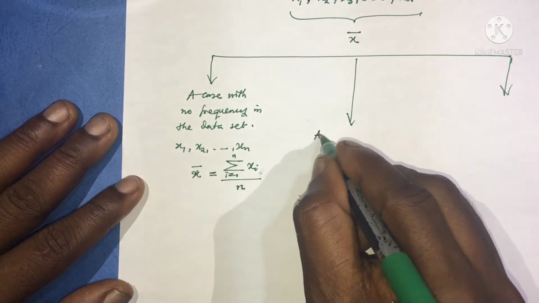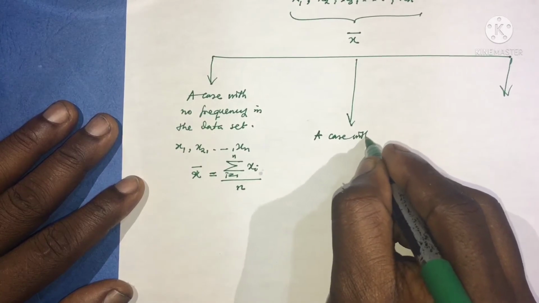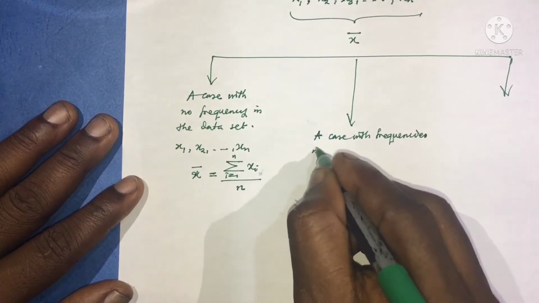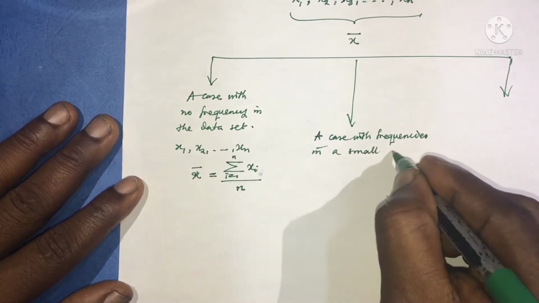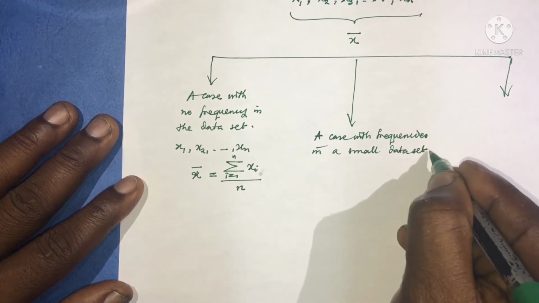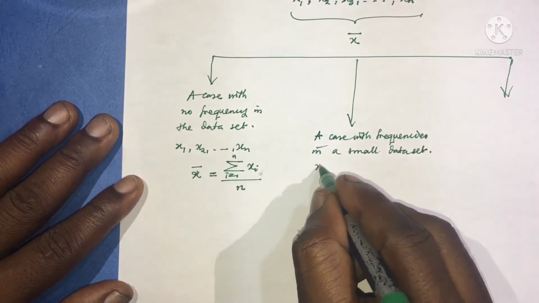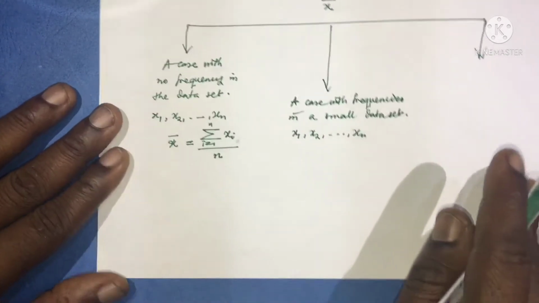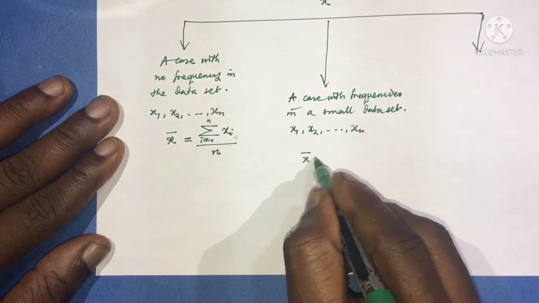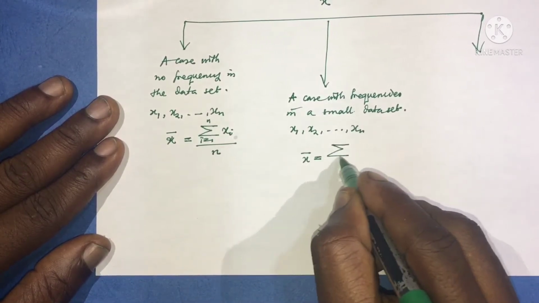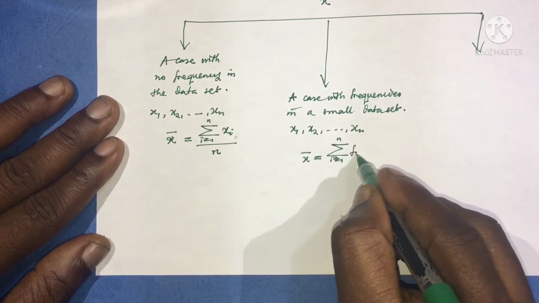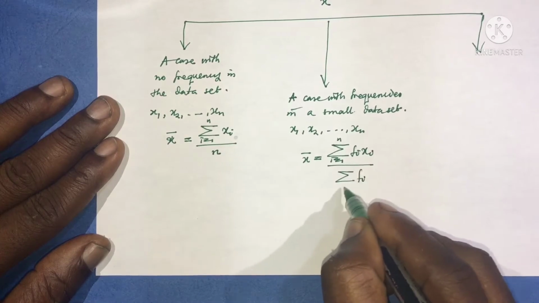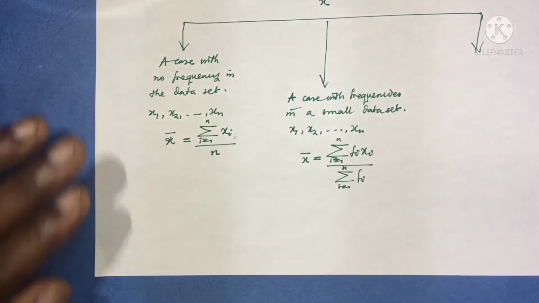For case 2, that is a case with frequencies in a small data set, we defined the arithmetic mean x bar to be the summation from i equals 1 to n of all fixi's, all over the summation of all fi's from i equals 1 to n.